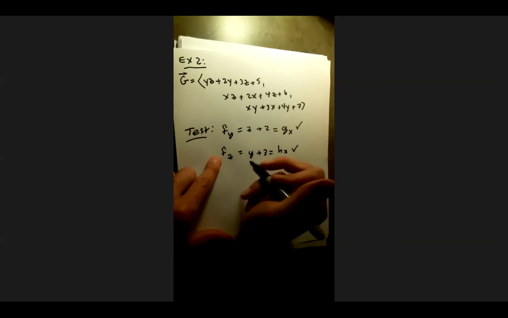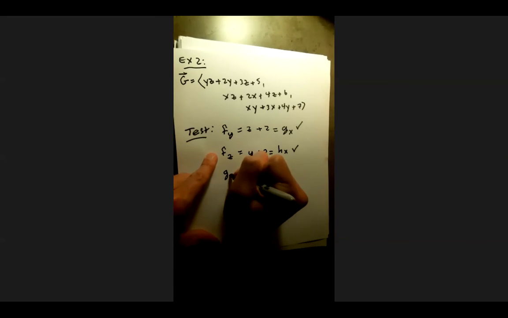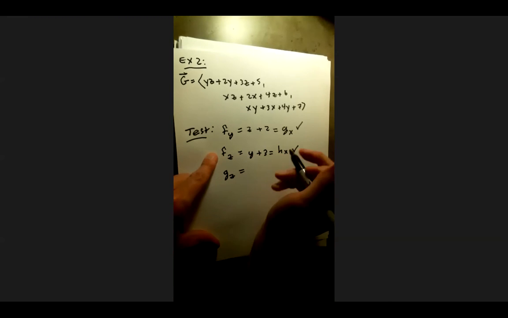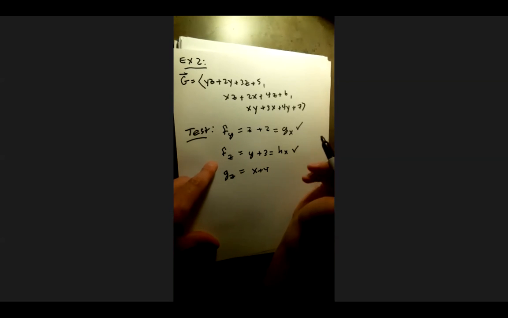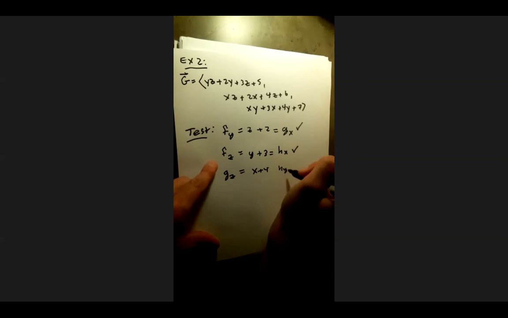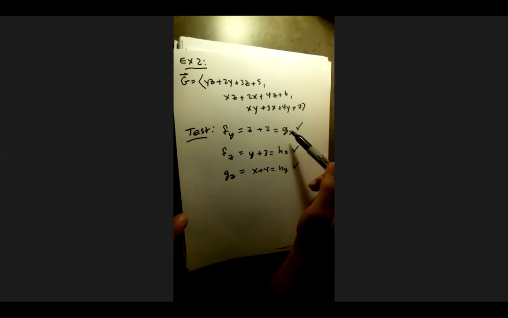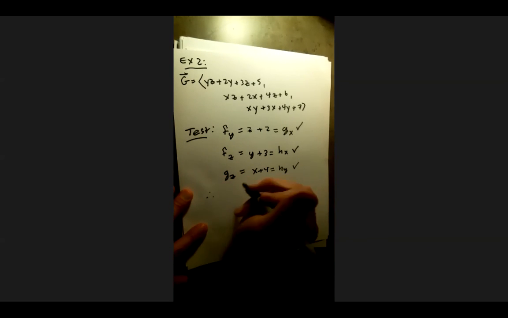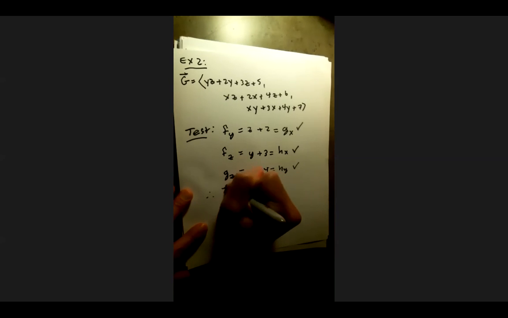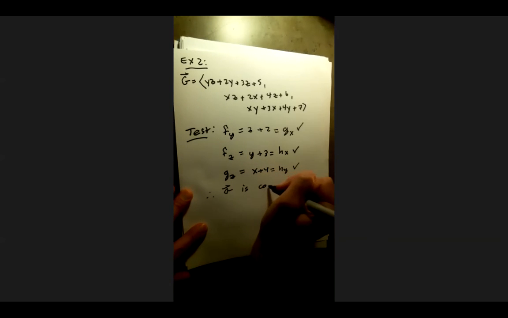And then last but not least, we have to check gz. That's equal to x plus 4. And then we check this against hy. And sure enough, those two are also equal. So all three of these statements are true. Therefore, that tells us that g is conservative.